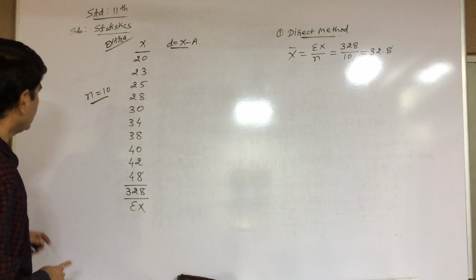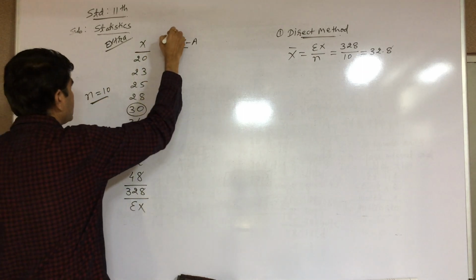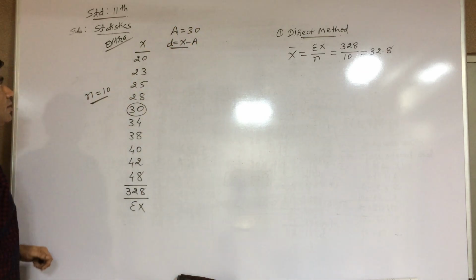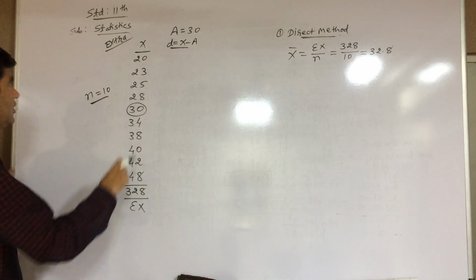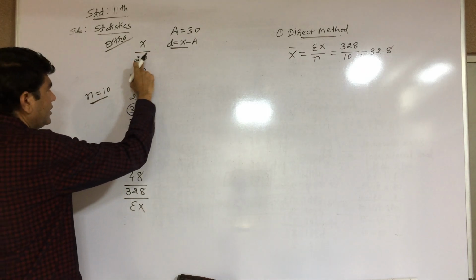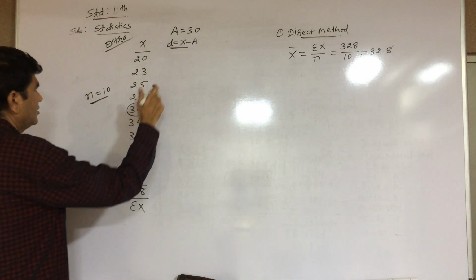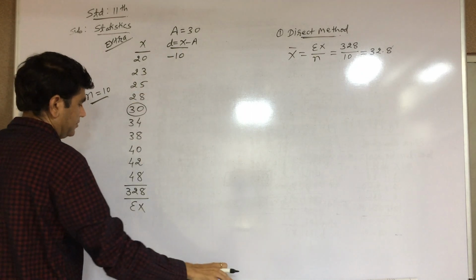So I would like to assume 30. A is equal to 30. Okay, so x minus a. So calculation of first x, 20 minus 30. You can use calculator. The calculation is minus 10.